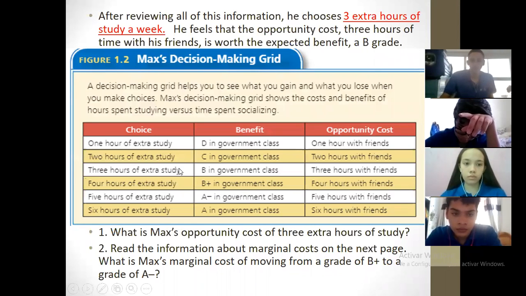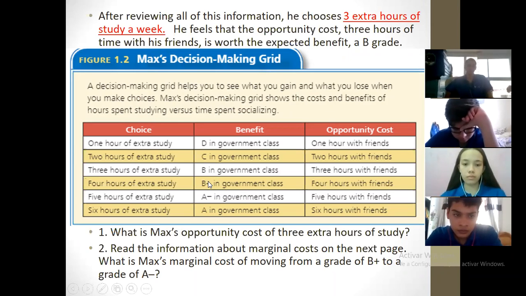He really needs to get a B+, and in order to get a B+, he needs to study. So his marginal benefit going from B to B+ is going to be 1 extra hour, okay? And his marginal cost, going from here to here, is that he's going to lose 1 hour if he decides to take these 4 extra hours.